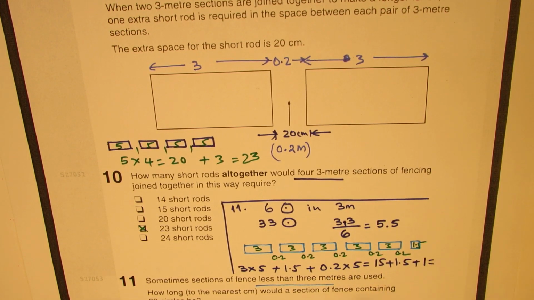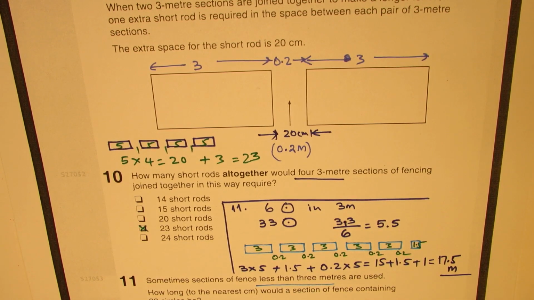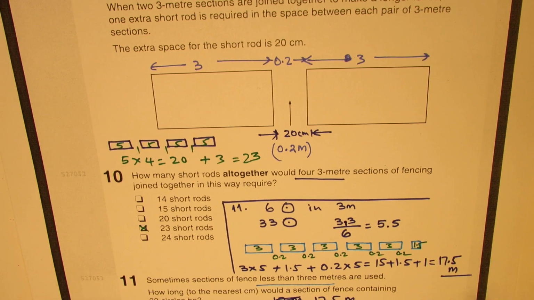So when you add them up, what do you get? 15, 16, 17.5 meters, correct? So that becomes your solution. So we get 17.5 meters of fencing, which you can also write in centimeters if you wish, but that is our answer, right?